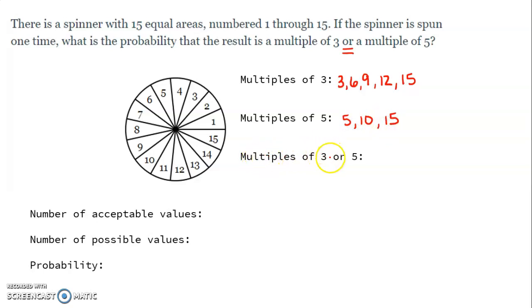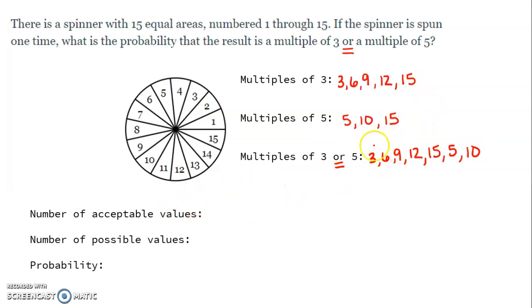So then I want to know my multiples of 3 or 5. Okay, so both of them together, they don't have to be at the same time. So that means 3, 6, 9, 12, 15, 5, and 10. The only one that they do have in common is that 15.